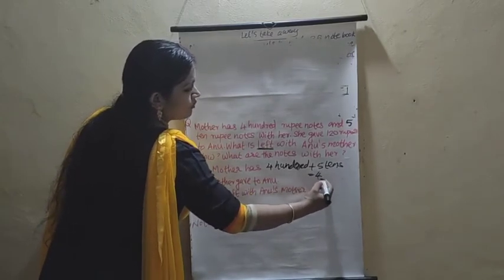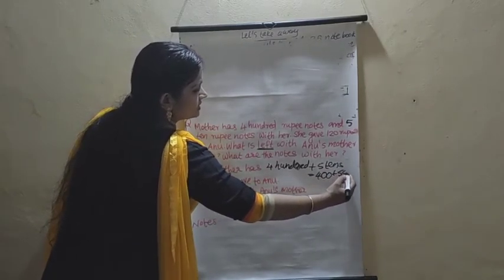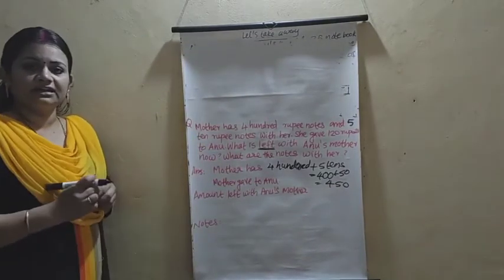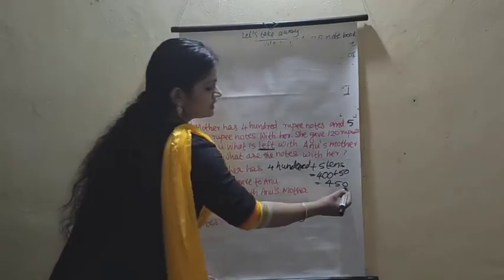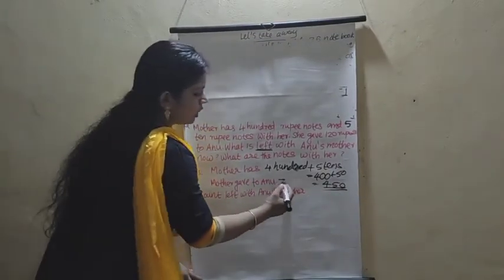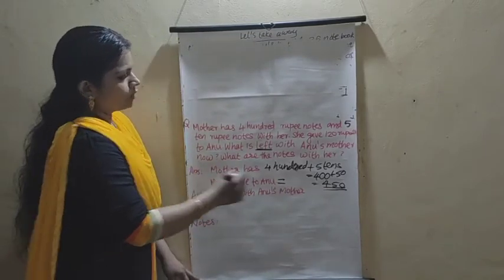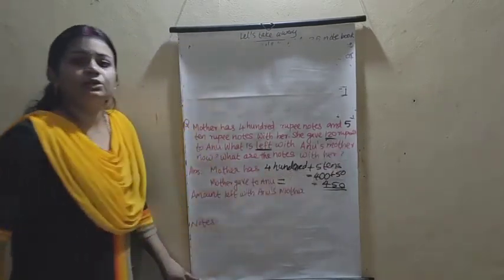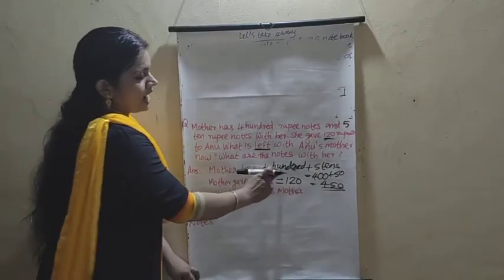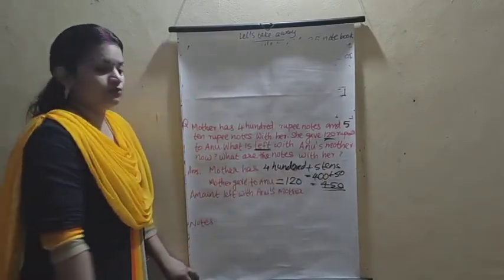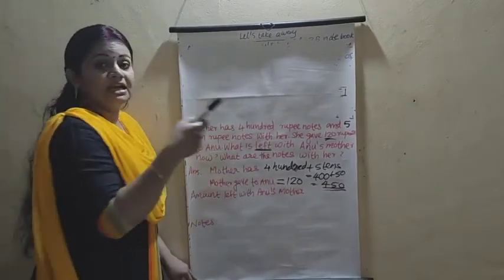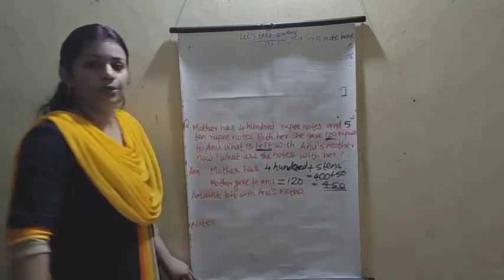Then what? 400 plus 50 is equal to 450. Mother's hand has 450 rupees. Then mother gave to Anu 120 rupees.